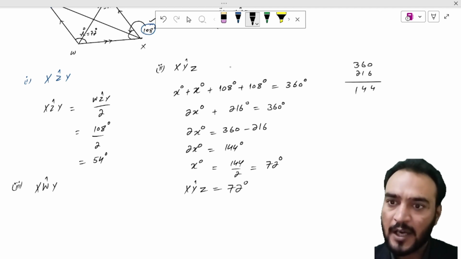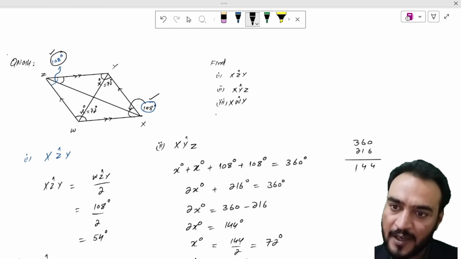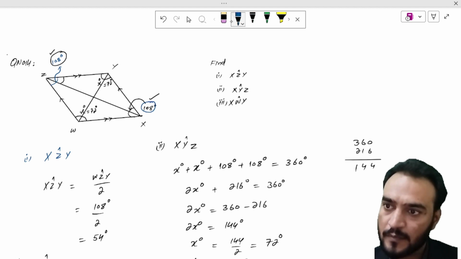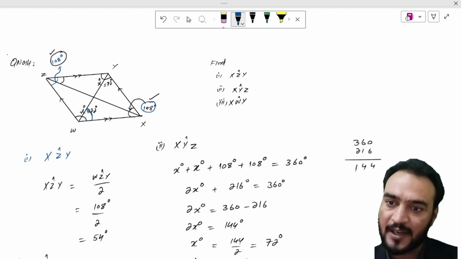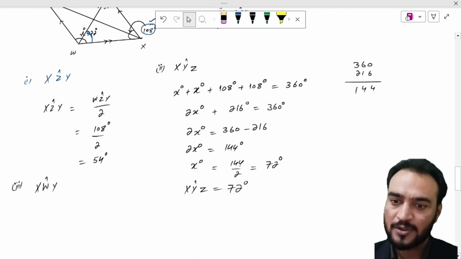Actually, angle XWY is half of angle XWZ. This is the angle XWY and it is half of the angle XWZ because the diagonal bisects the interior angle. So we divide 72 by 2 to get the angle XWY.